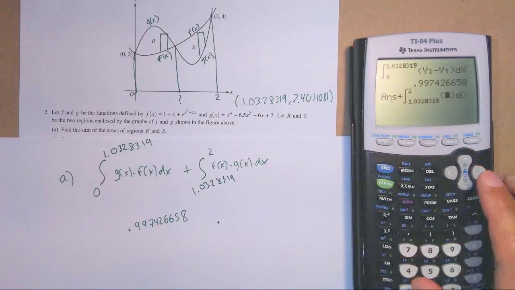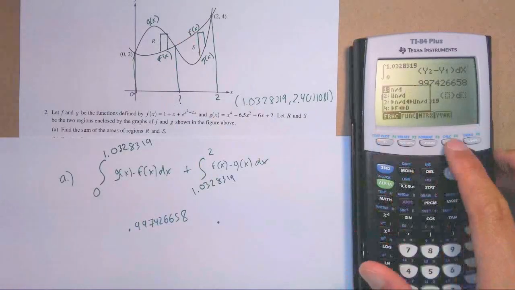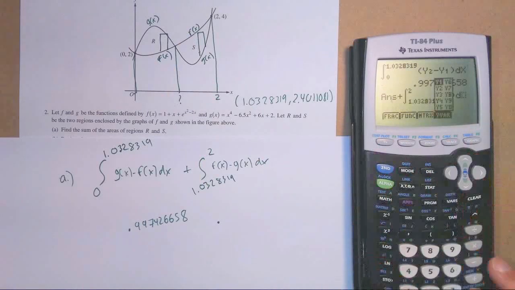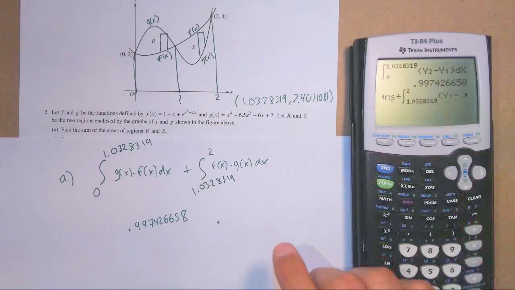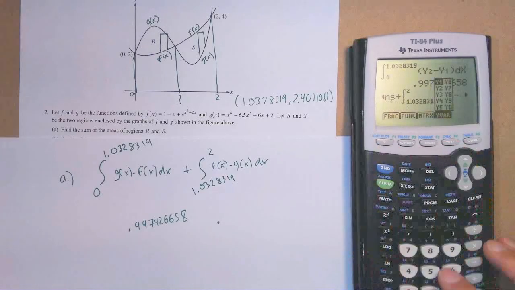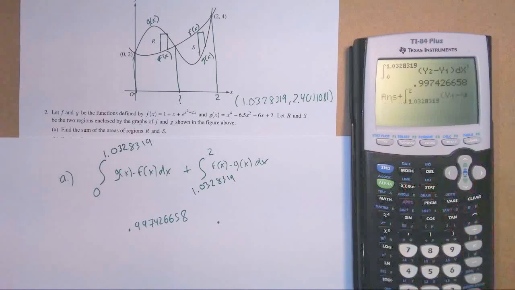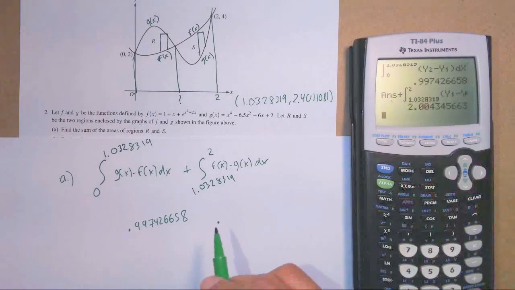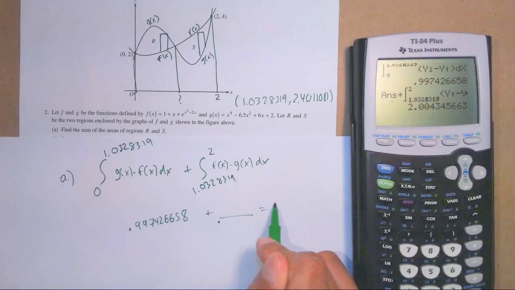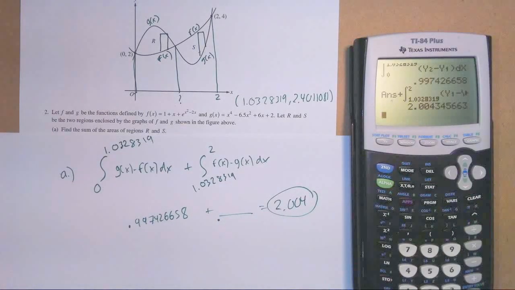And then remember, f of x was y1, so go alpha, y equals, trace, y1 minus g of x, which is y2, so alpha, y equals, trace. Scroll down, press enter, dx, and it's going to add both areas for you. So plus the area that we got here, which is going to be 2.004. And now we can finally round to 3 decimal places because this is our final answer. Okay? So that's how you find the area of R plus S.